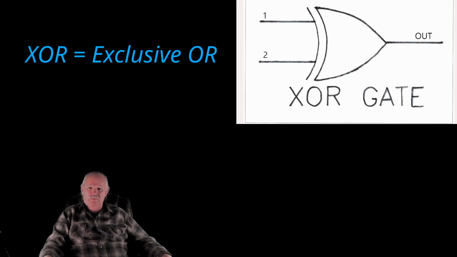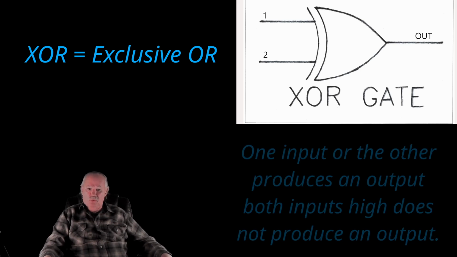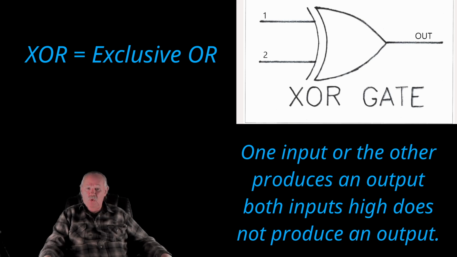It also means that it is exclusively OR, which means if you have one or the other input high, you do have an output. If you have both inputs low or both inputs high, then you do not have an output. Let's take a look at that truth table.